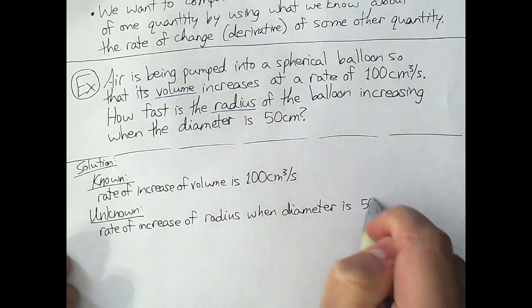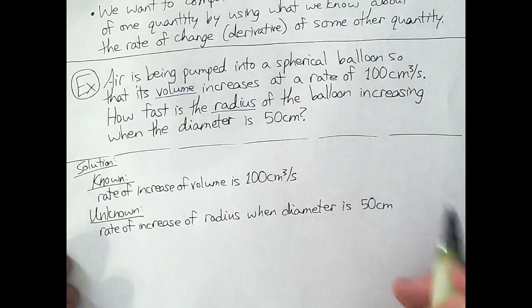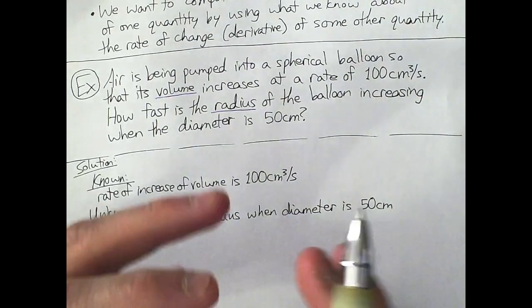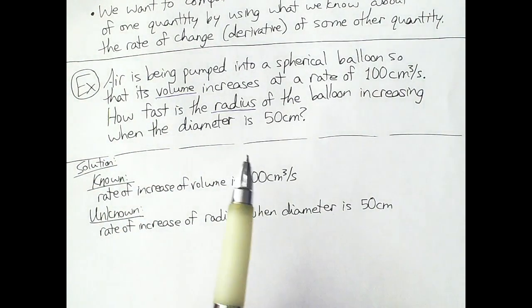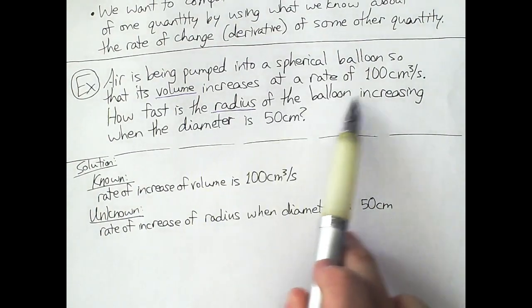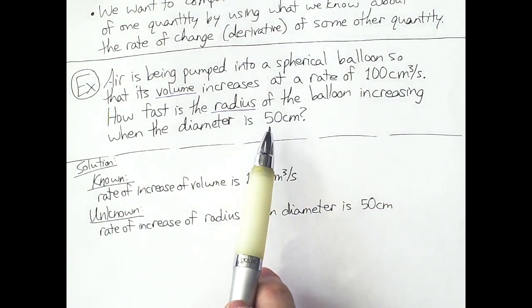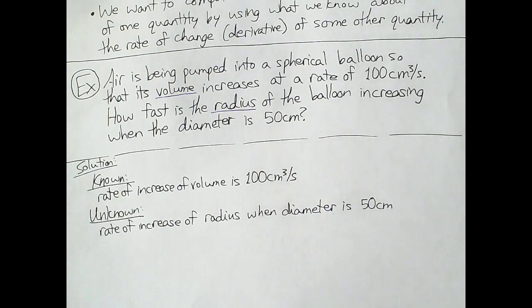I'm thinking to myself, if I try to picture this in my head, I imagine a sphere that's expanding and the volume's increasing, the radius is increasing, the diameter is increasing. And it does seem like the answer to how fast is the radius increasing depends on what moment in time we are looking at.